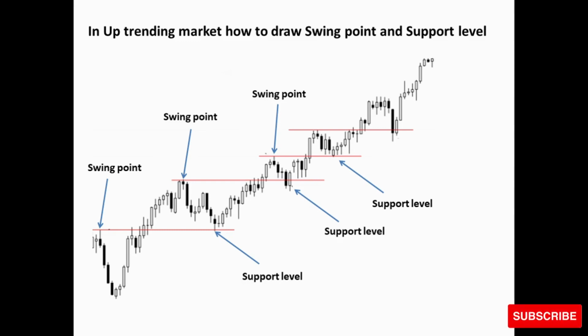When the market makes the retracement move, it respects the previous swing point, which will represent the beginning of another impulsive move. As you can see, when the market tests the previous swing point, it goes up again. By drawing a support level in an uptrend market, we can predict when the next impulsive move will take place.